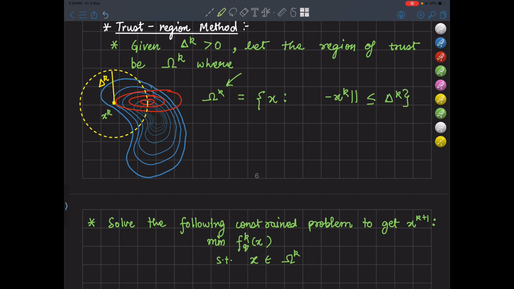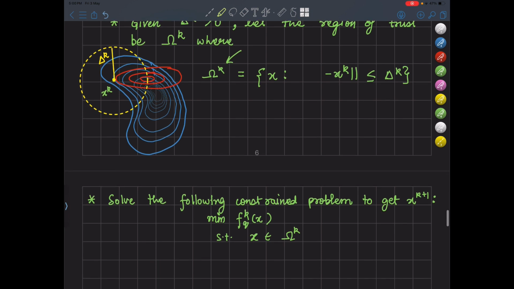Why? Because this is a quadratic function, we can find the unconstrained optimum of this using Newton's method. We'll get this point in one iteration, right?